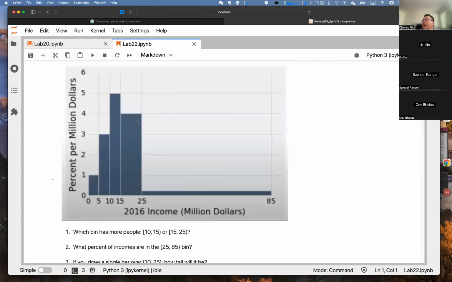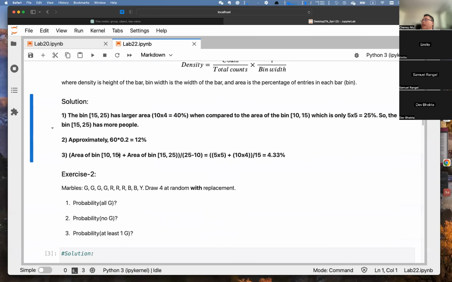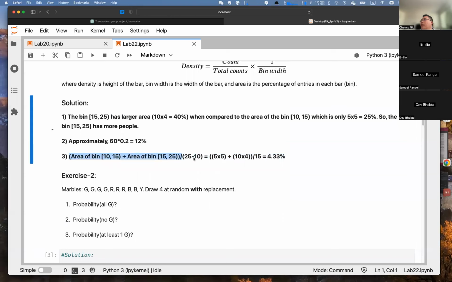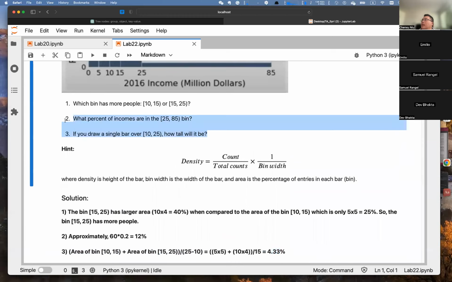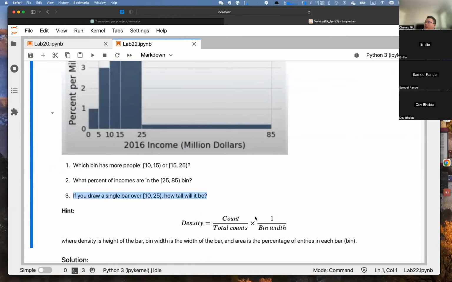For 15 to 25 it's 10 multiplied by 4, which is 40, and for 10 to 15 it's 5 multiplied by 5, which is 25. So 40 plus 25 is 65. The area is 65, and the bin width is 25 minus 10, which is 15. So 65 divided by 15, and the height would be 4.33. That's the answer.